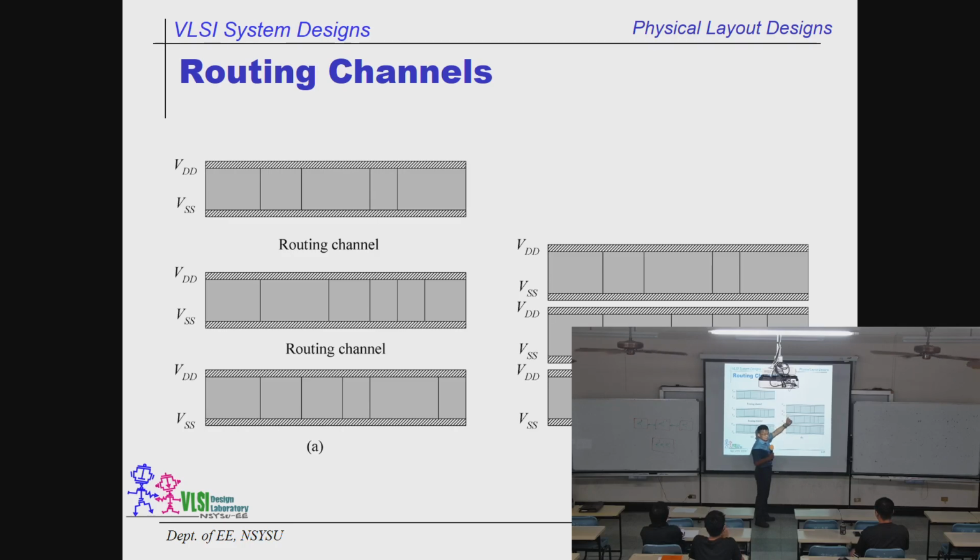So Weinberger suggests that we flip this one, make the VSS on the top and VDD on the ground, so that VSS can be shared with the top one, and VDD can be shared with this one, so that we can save some space. That's the idea. We can do that interleavingly to save some channel space, given that there is no requirement to share signals.